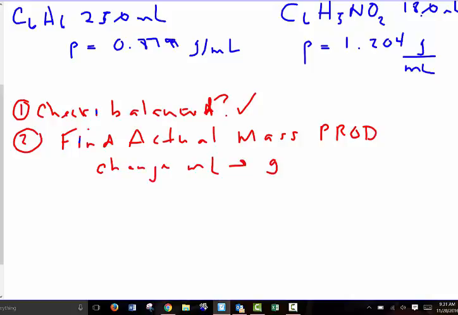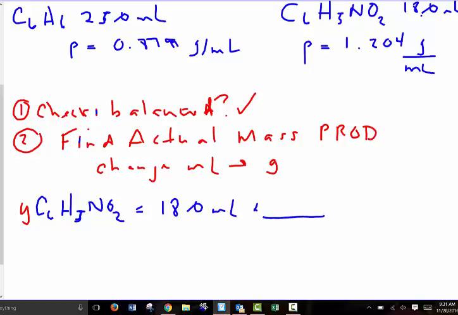So the grams of, I'm going to use a blue pen for this, the grams of C6H5NO2 is equal to 18 mils, right? And now we need to convert into grams, so we're going to use this density, making sure that I have my gram on the top and my mils on the bottom so that the mils cancel.